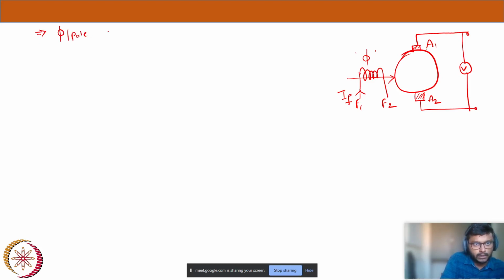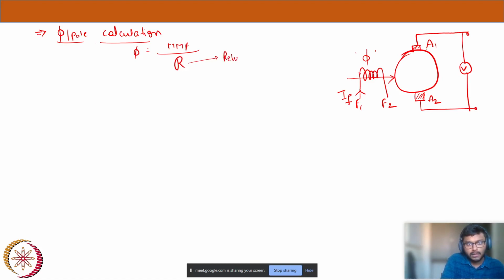Flux calculation is pretty simple. We all know the formulas. If you know the current and the number of field winding turns, you will get the MMF. So flux is equal to MMF divided by R, where R is the reluctance.